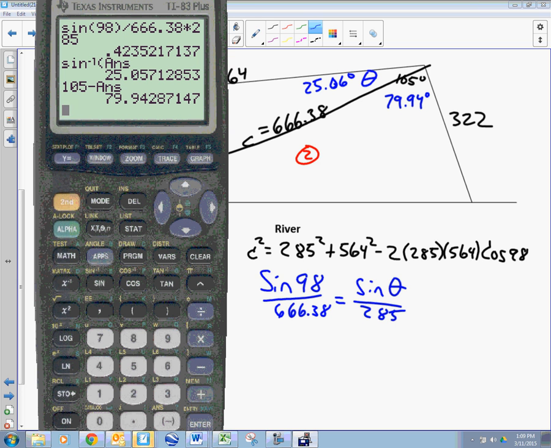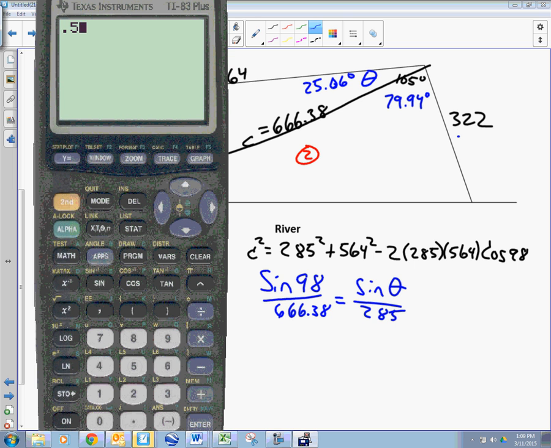Do I now have enough information to find that area? Yeah, I've got two sides and the included angle. So to find that area, very simple. Just plug it into my formula. Do I have to take the square root of that?